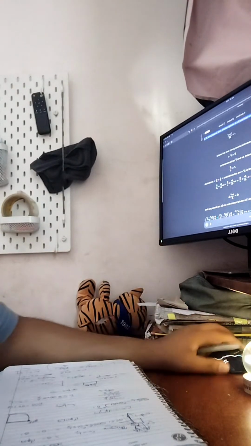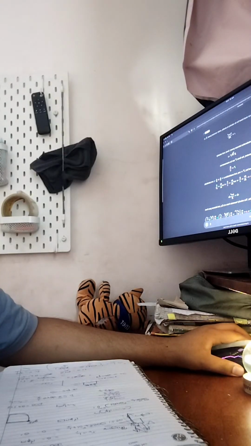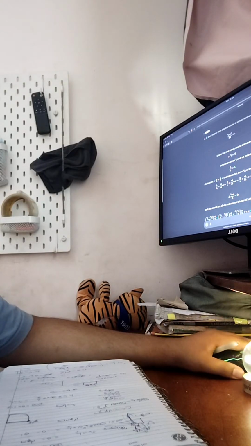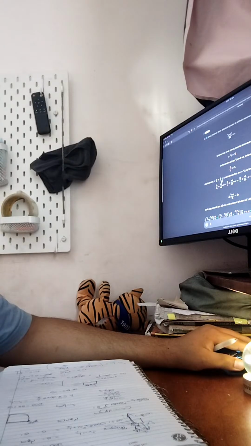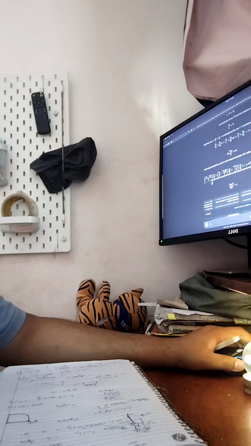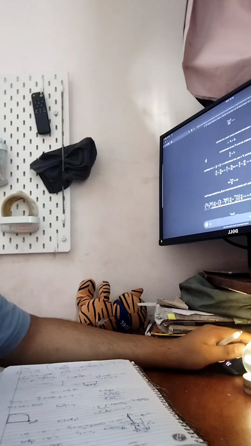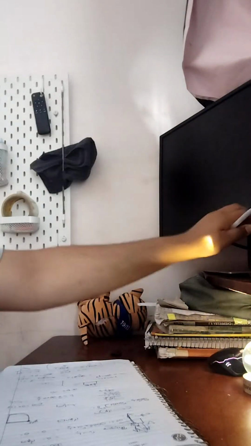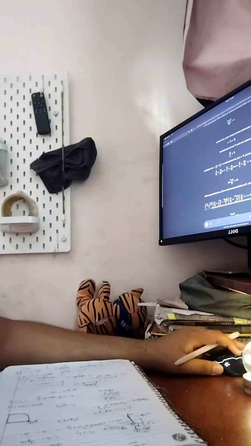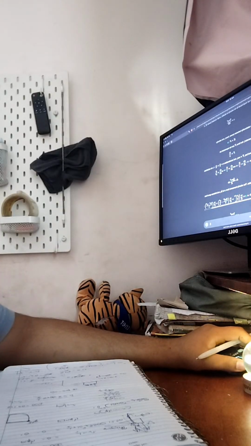Okay. Let's begin with the relationship between force, power, and velocity. Since power K is constant, force can be represented as F is equal to K by u. From Newton's second law, F is equal to ma. Substitute a is equal to dv by dt, and dv by dt can also be written as dv by ds into v.